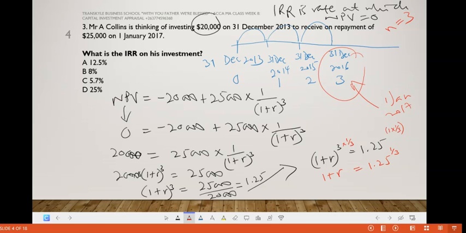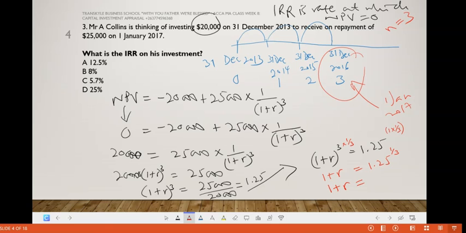Therefore 1 plus R is equal to, let us use our calculators. 1.25 to the power 1 over 3.